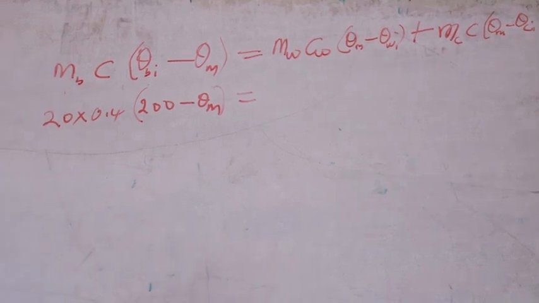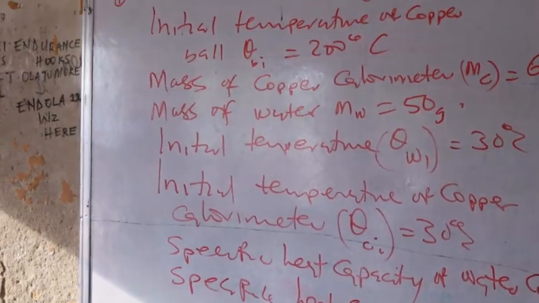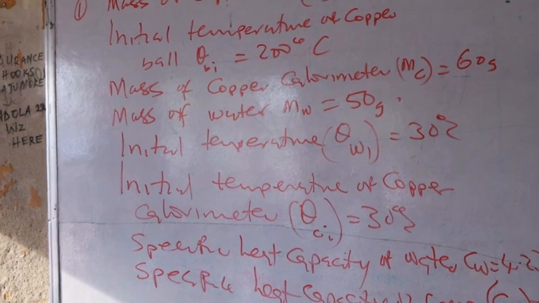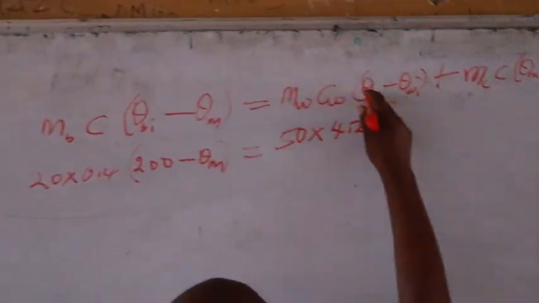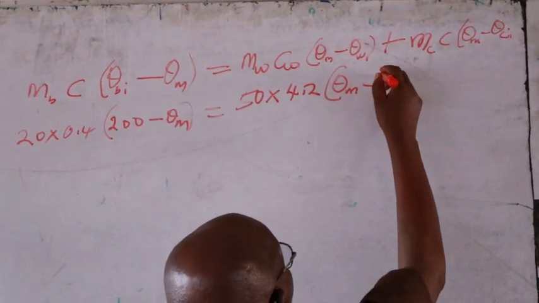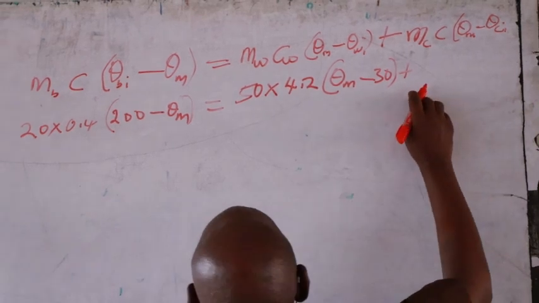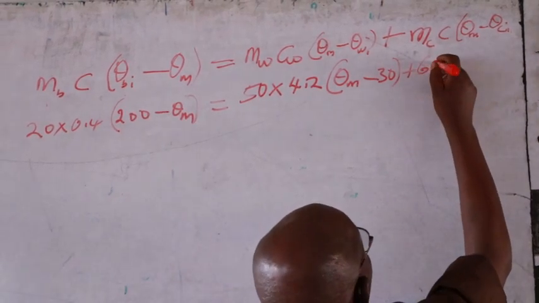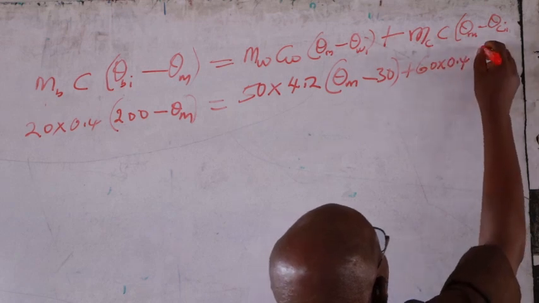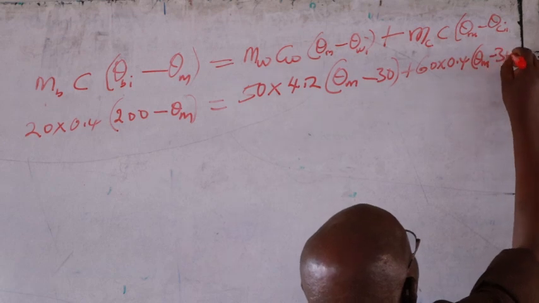Is it written? Yes, sir. Okay, yes. So you have 50 grams times 4.2. Then into mixture temperature not known minus initial is 30, plus mass of calorimeter 60 times 0.4 into theta M minus 30.